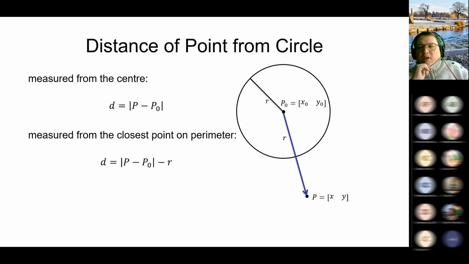But you know what? If the commander of the ISS needs to check if he crashed into the Earth or he's still orbiting, he will be much more interested in the second value, because the second value is just the altitude of the station above the Earth. The only thing that he has to care about is that he has some space between the station and the surface of the Earth.